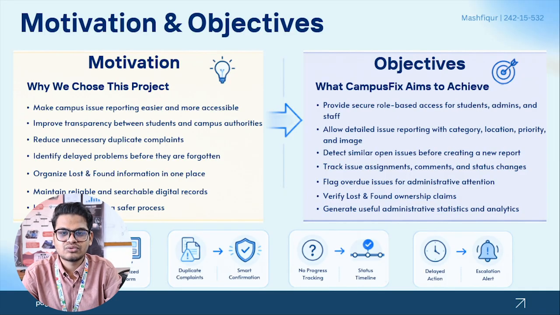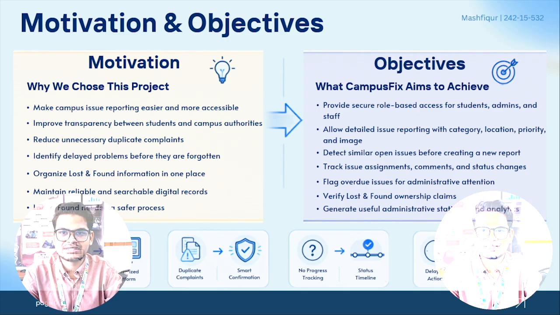Our goal is to create one centralized platform that makes issue reporting easier and more accessible for students. It will reduce duplicate complaints, provide clear status updates, improve communication between students and campus authorities, and highlight overdue issues so that they receive proper administrative attention.